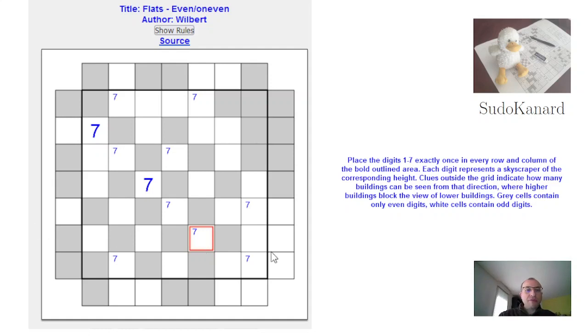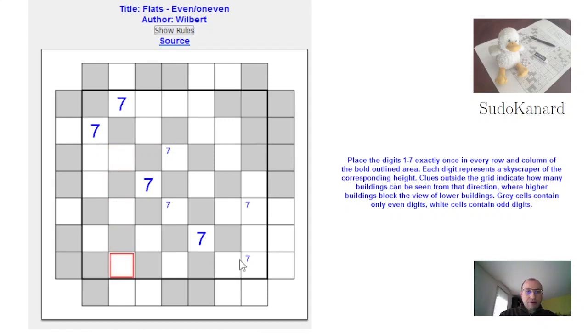But actually on this row, that has to be the only place for 7. Here that would have to be 1. This wouldn't work, and this wouldn't work because that would be 2. So that's a 7. That's not 7, and this is finally a 7. This is not.